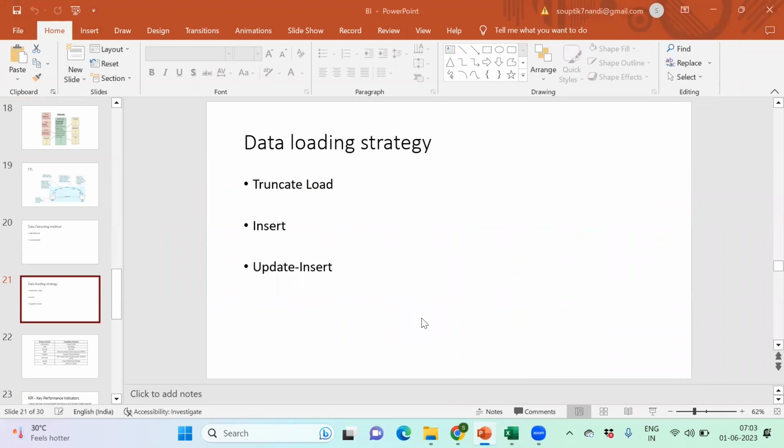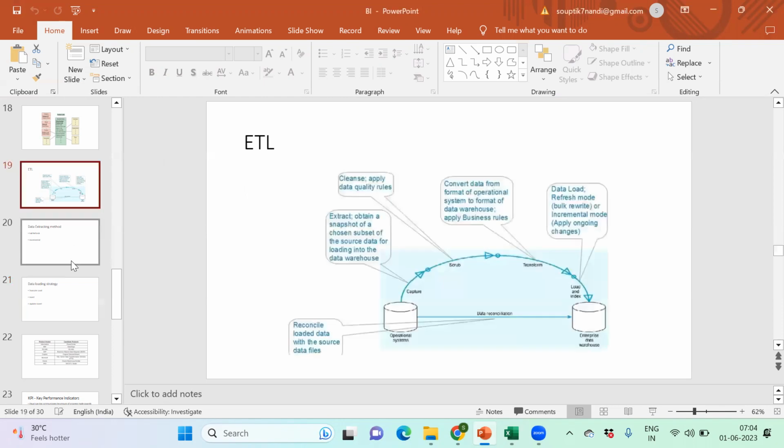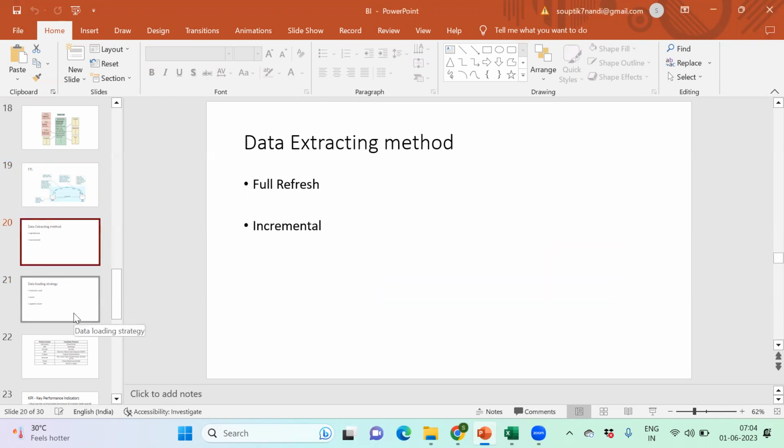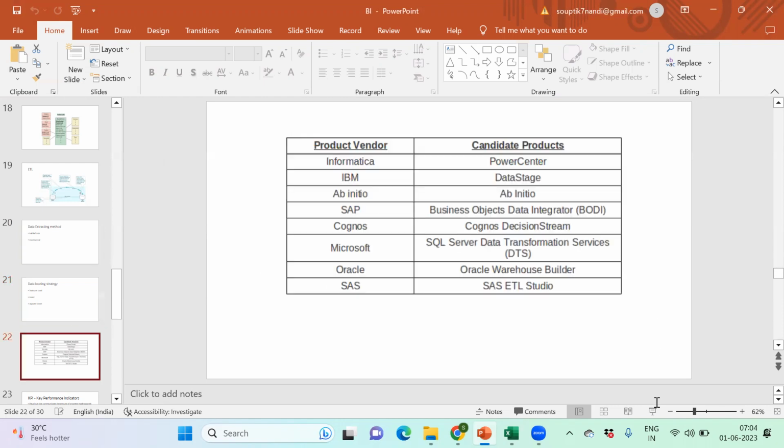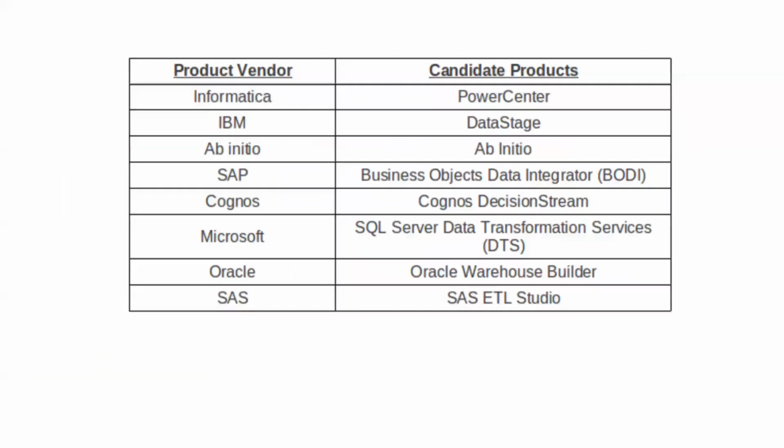So if you are a developer, especially on the ETL side, based on the scenario you need to choose what kind of data loading strategy to follow. Now, if you want to build your career as an ETL developer, these are the ETL tools available in the market. For example, Informatica PowerCenter: the vendor name is Informatica and the product is PowerCenter.